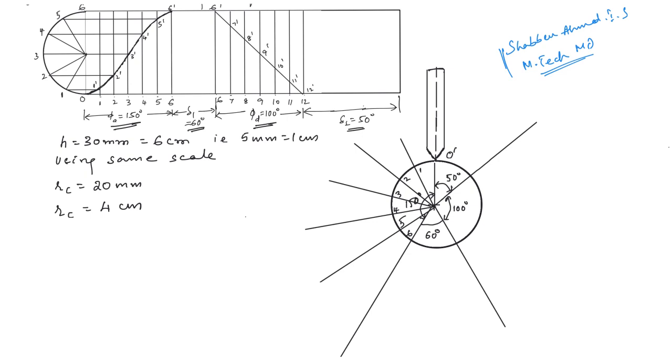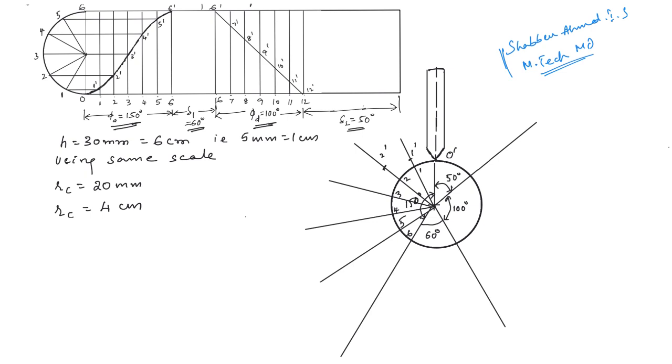Now take a compass and take this length 1 dash and mark it on the first line. Say this is 1 dash. Then you take the length 2 dash and mark it on the second line, from 2 to 2 dash.